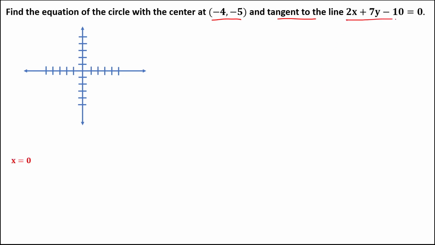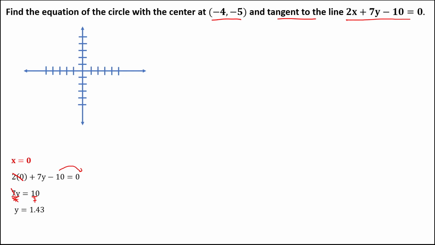So from this equation, 0 + 7y - 10 = 0. Then to solve for y, transpose -10 to the other side. So this becomes +10, and divide both sides by 7 to solve for y.